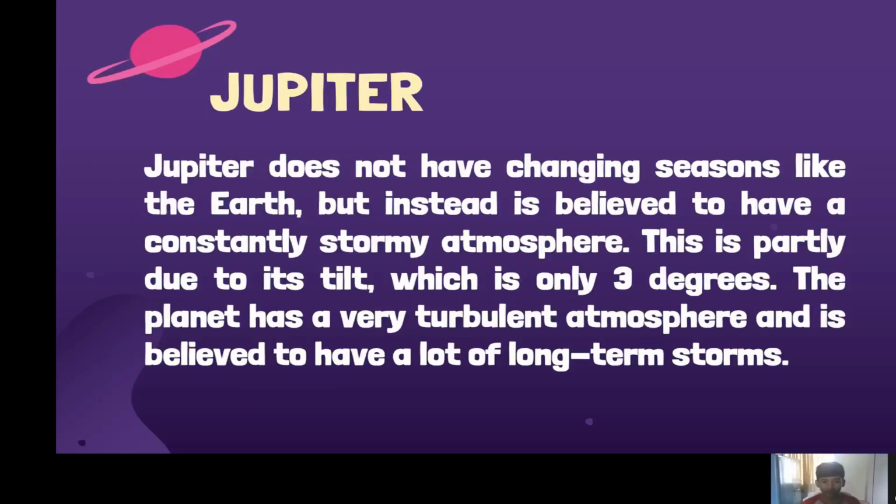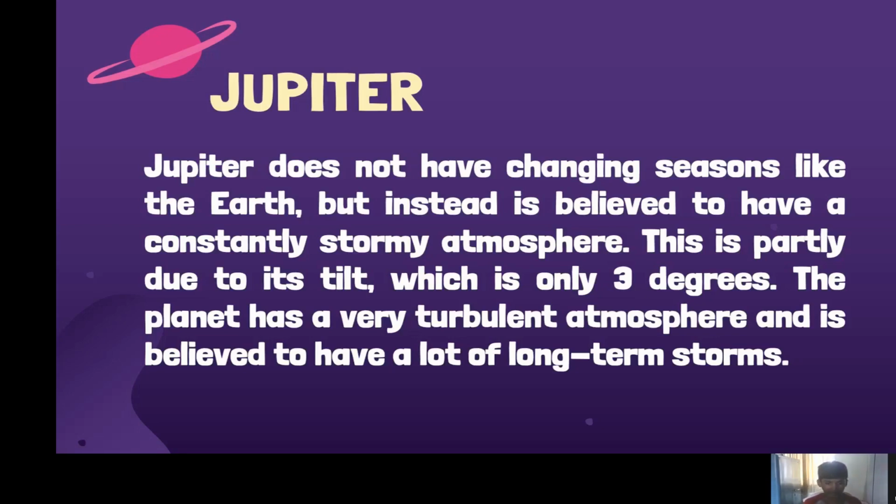Jupiter does not have changing seasons like the Earth, but instead is believed to have a constantly stormy atmosphere.